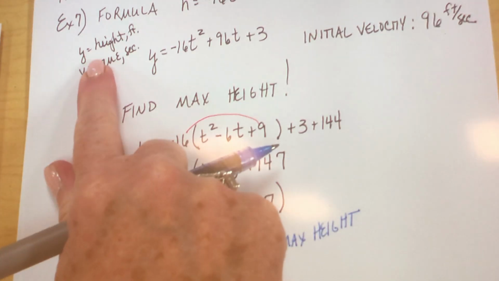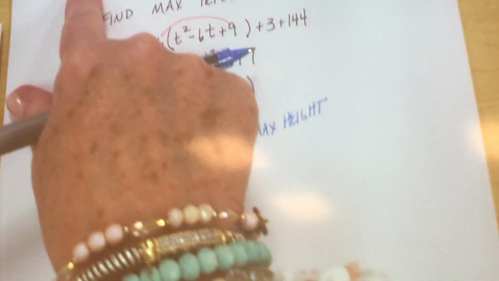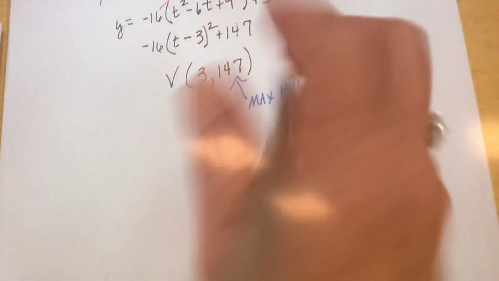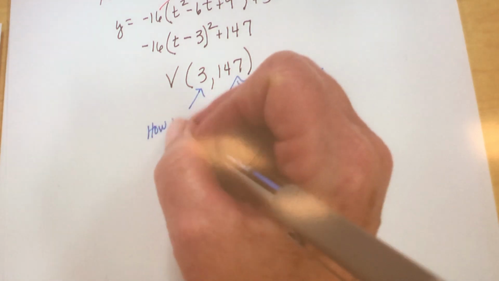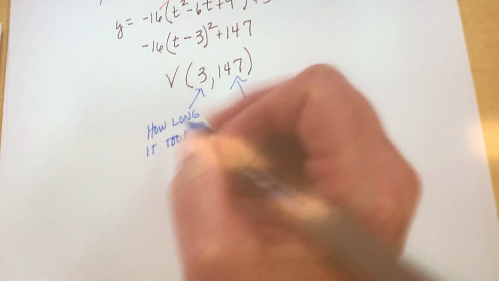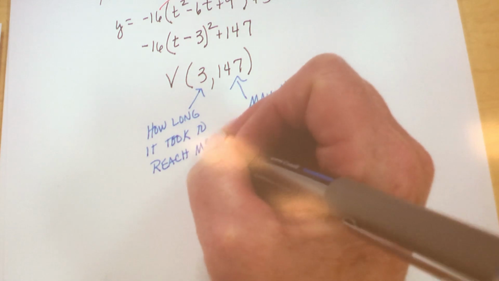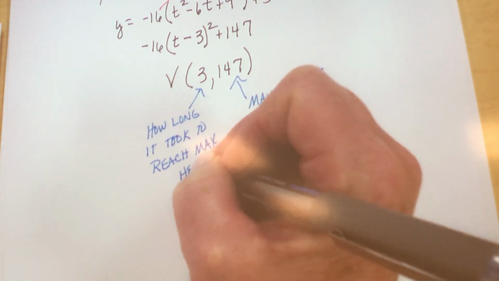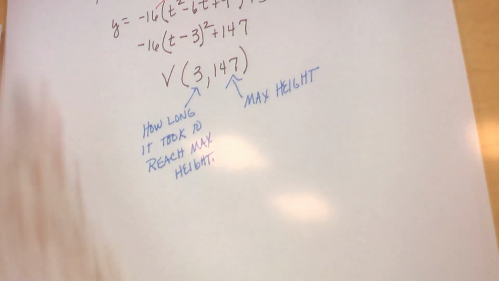Okay, I know it's the Y because it told me up here that Y was the height and X is the time. So, like Lauren said, this 3 right here, this is how long it took to reach that maximum height.